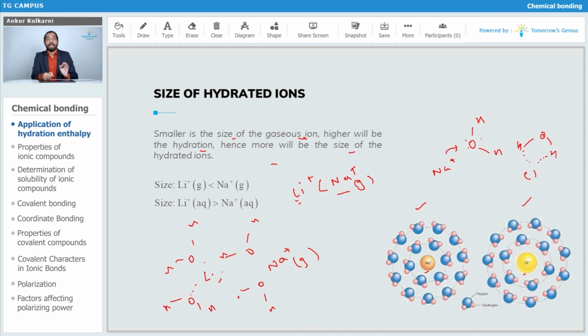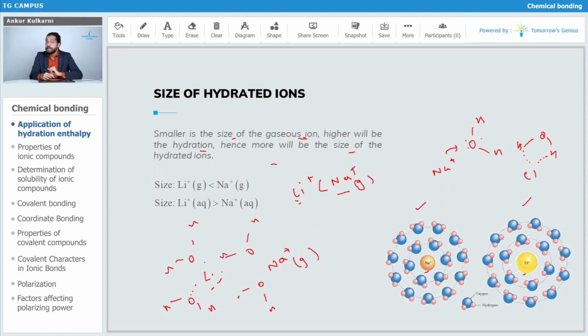So we can say that the smaller the size of the gaseous ion, the higher will be the hydration. Now you tell me, between lithium and sodium, which will have the higher hydration? Obviously lithium, being the smaller size.